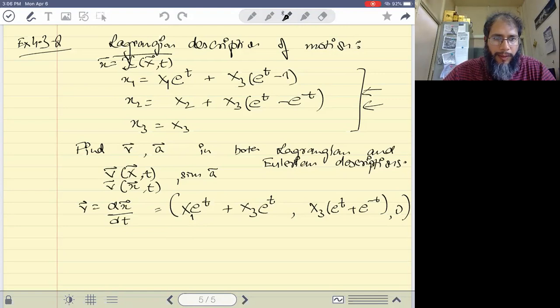Similarly, you can take the derivative of this with respect to time again, and you can get the acceleration field in the Lagrangian description.